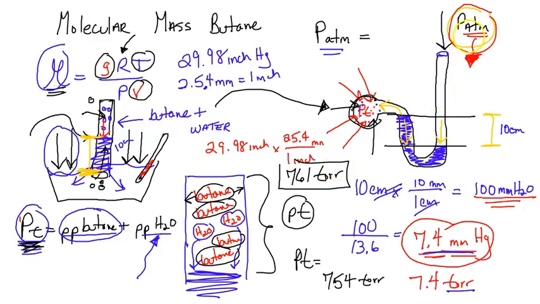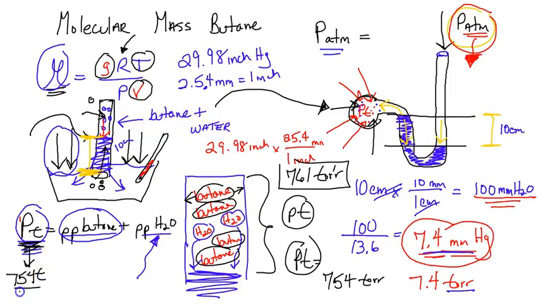So this is going to be a little less. That's why the atmospheric pressure can support some extra liquid, because it's got enough to push it back and support some liquid. If the PT was lower, then it would be able to support even more liquid. So we found PT in my example to be 754 torr.